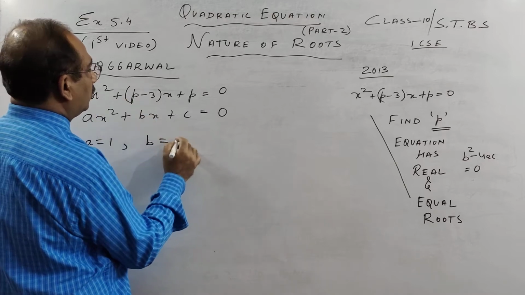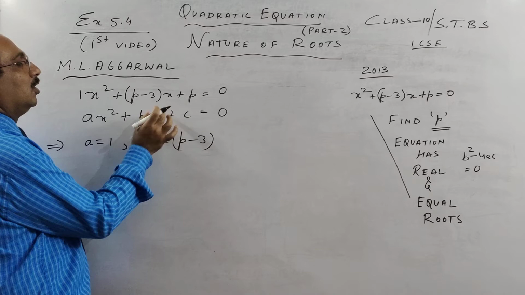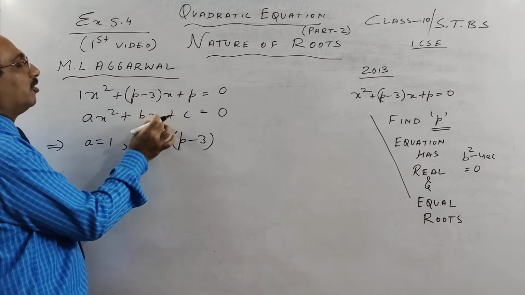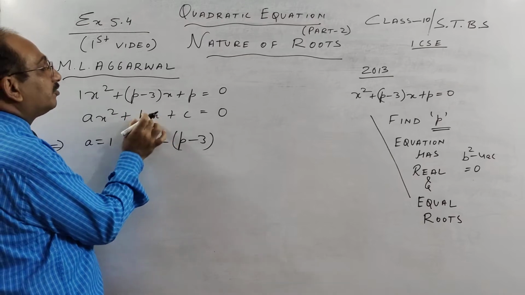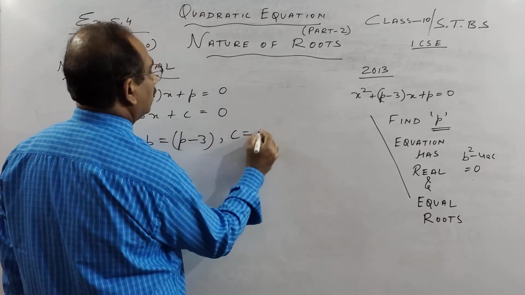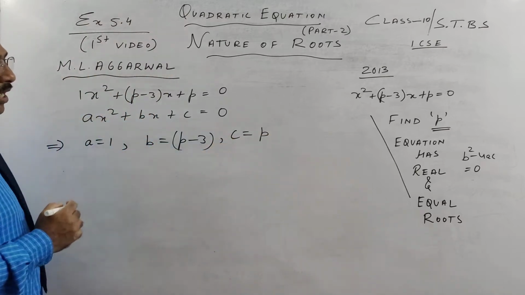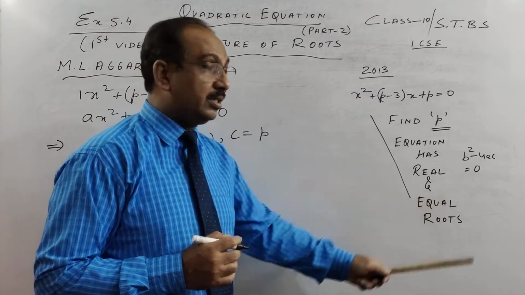If it is negative, you have to take care of the sign. Since it is not negative, b is the coefficient of x, and finally, children, c, the constant term, is equal to p. As I told you, you have real and equal roots when the discriminant is 0.